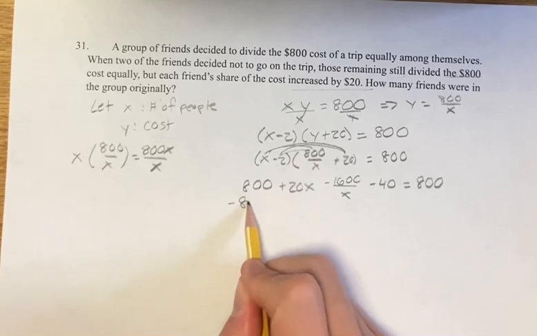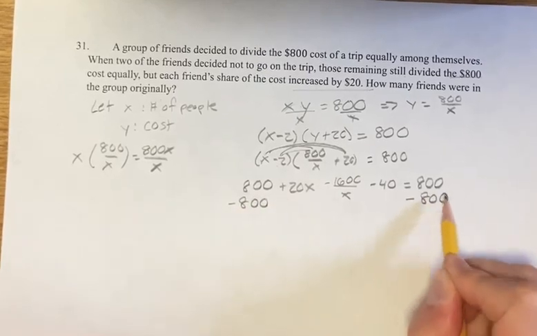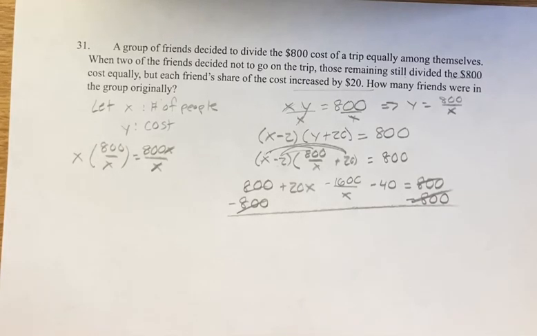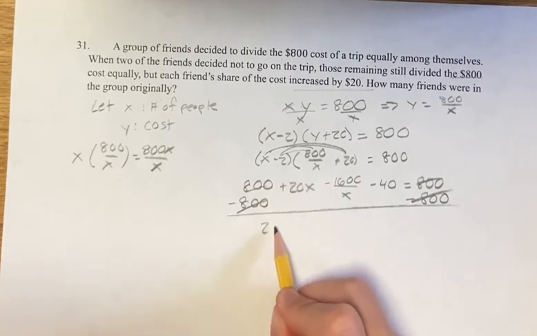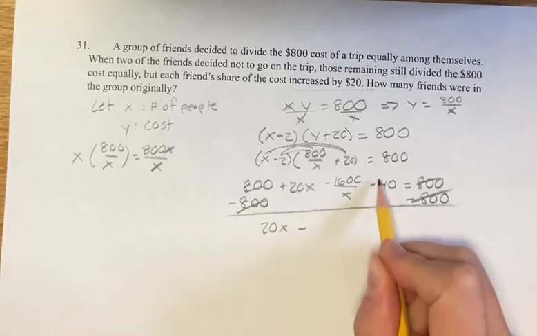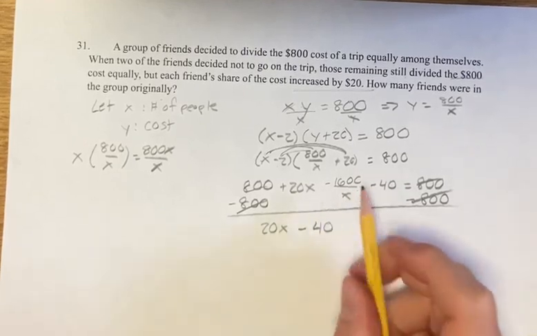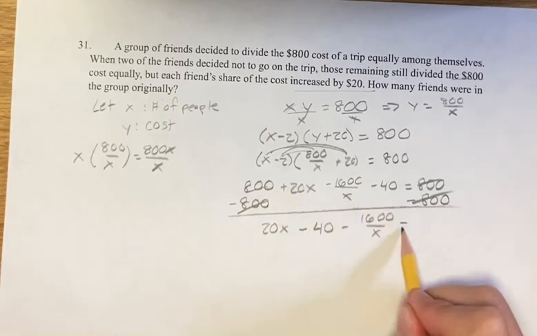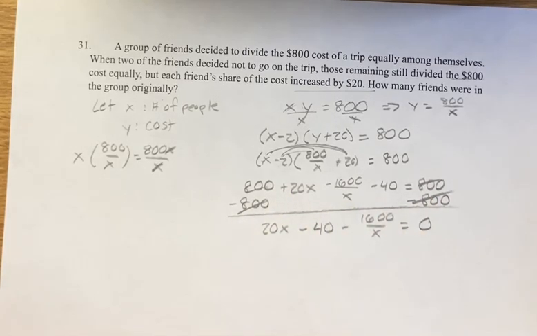Now, firstly, if we just subtract both sides by 800 to get these out of the way, all that cancels, and you get 20x minus, I'm going to move the 40 into the middle, and then minus 1600 over x. So these three terms are equal to 800 minus 800, which is 0.